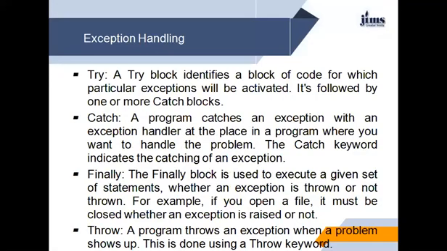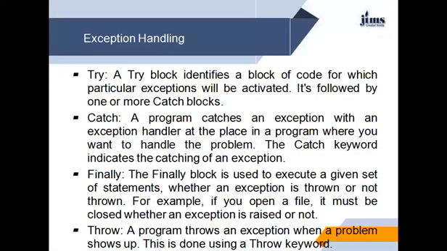Whatever code has an error, we will write in the try block, and after that, a try block can have a catch block, or it can have a number of catch blocks. So a try can have one catch or many catches. Suppose a program may raise only one sort of exception, then we will deal with it using only one catch.